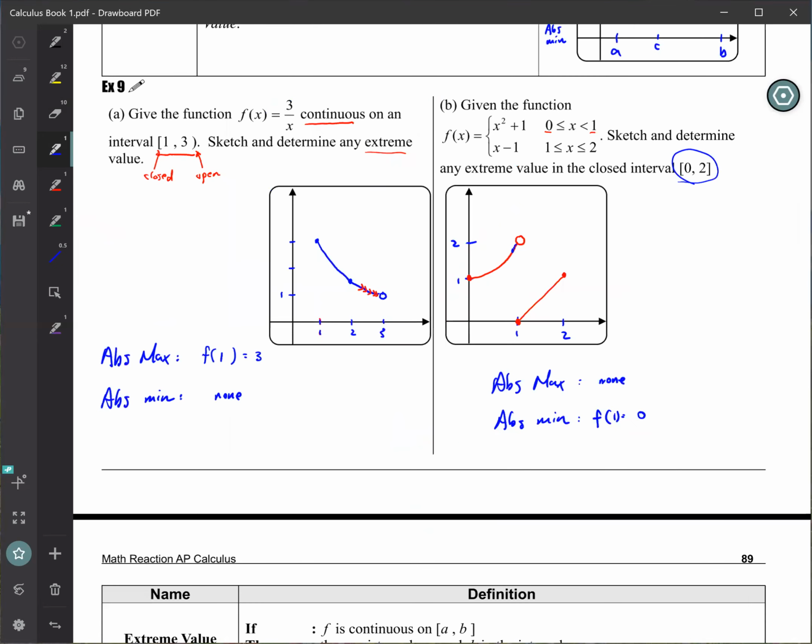Keep writing it wrong. Never at endpoint. Okay, so that's the biggest difference between local and absolute. Absolute max and min can happen at endpoints, but local can't, because it has to exist within a small interval.